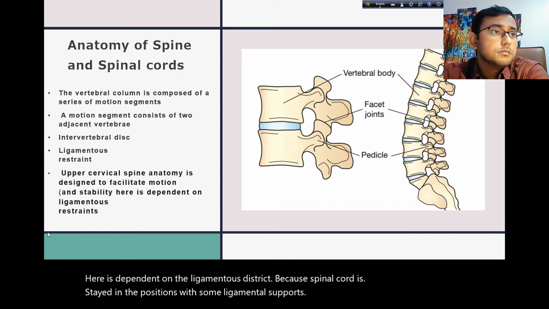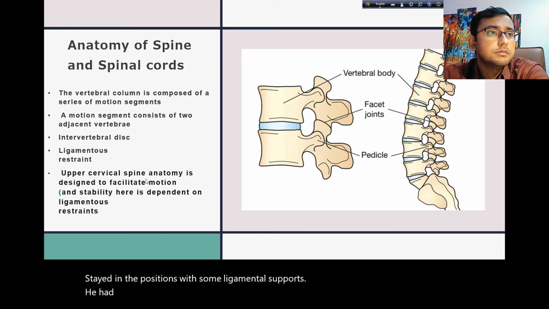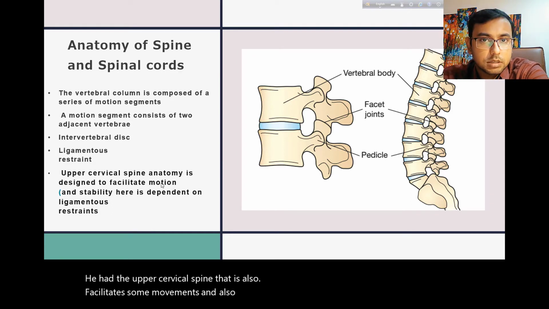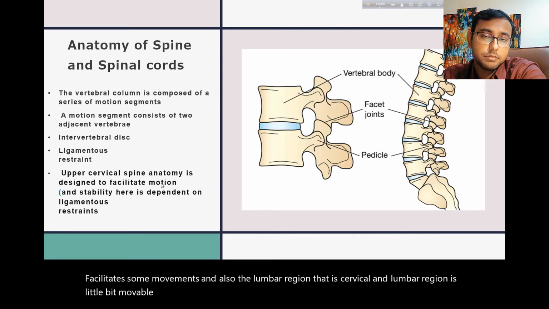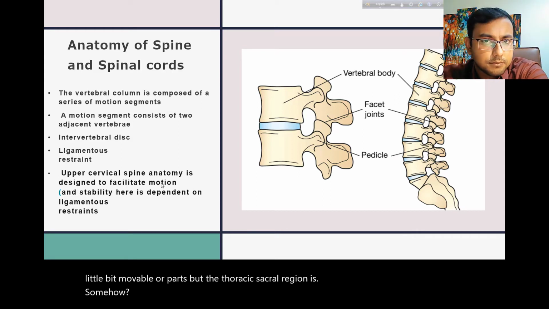The cervical and lumbar regions are a little bit movable, but the thoracic and sacral regions are somewhat fixed or dependent on little movement.